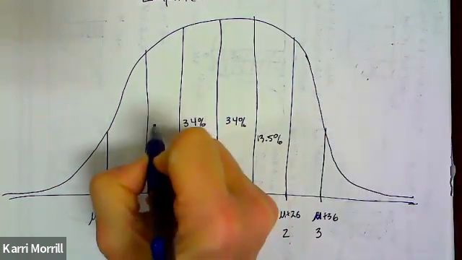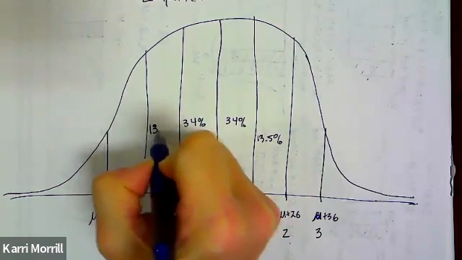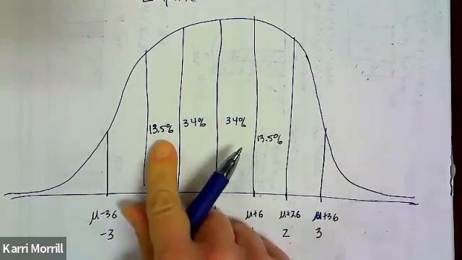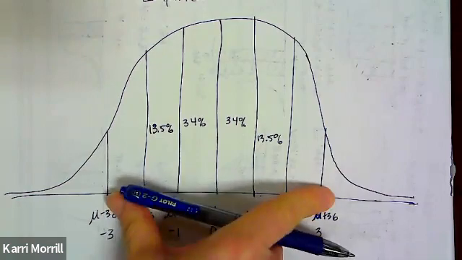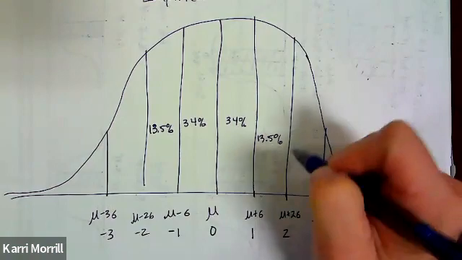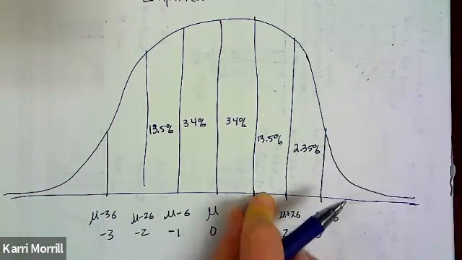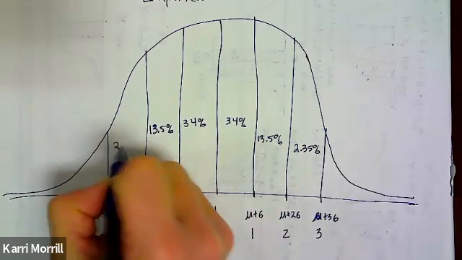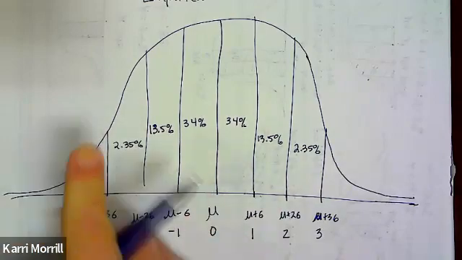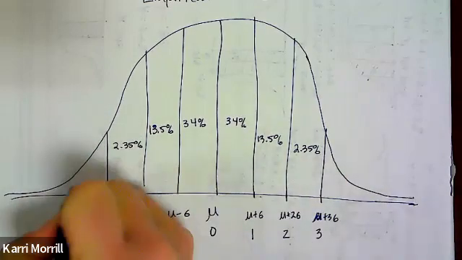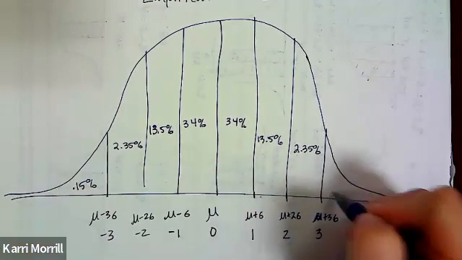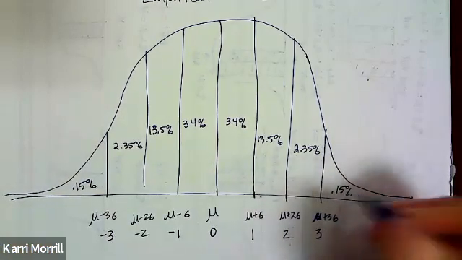And that's also when we minus 2 standard deviations. And then these two sections that we have are 2.35%. And then these are considered tails after that, and they say 0.15%. So a very small percentage in the tails.